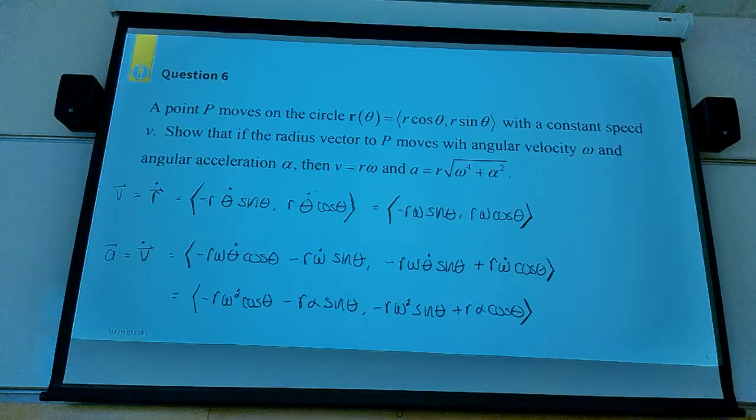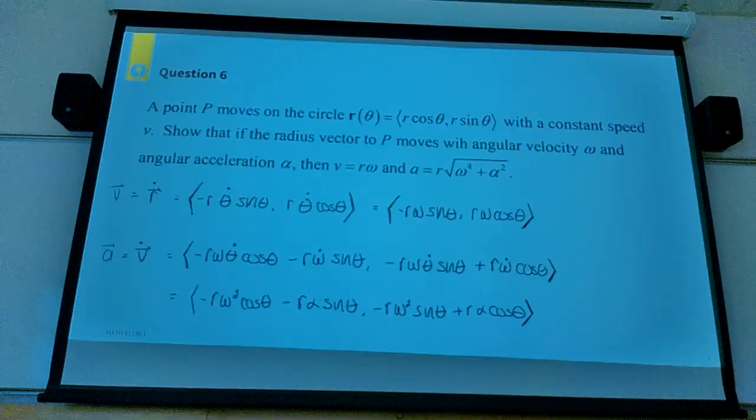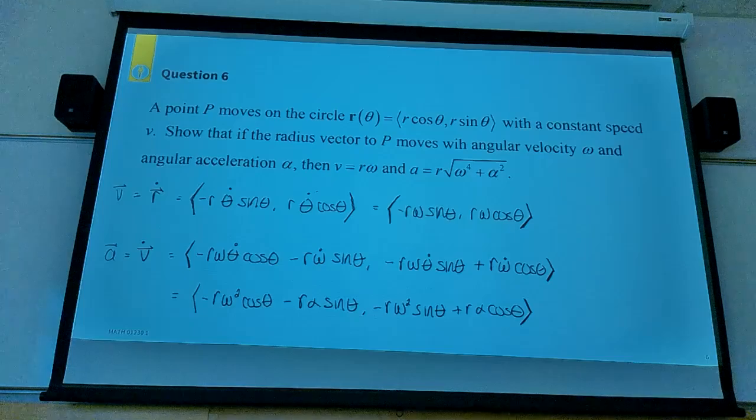There's our two vectors, velocity and acceleration. We just have to find the magnitude of each one now.